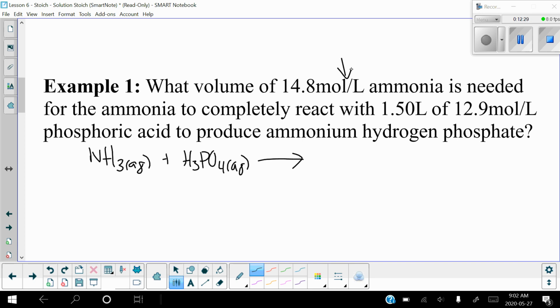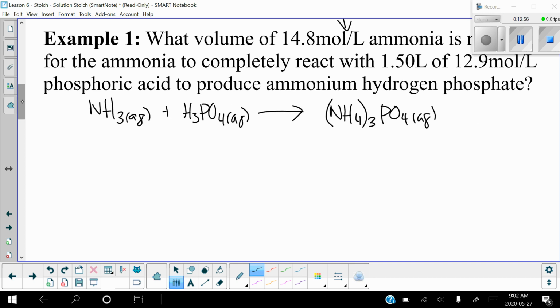And then it produces ammonium, oh wait, that should not be a 3. NH4, so ammonium phosphate, which is also aqueous. Lovely. From here, we set up our known and our unknown.